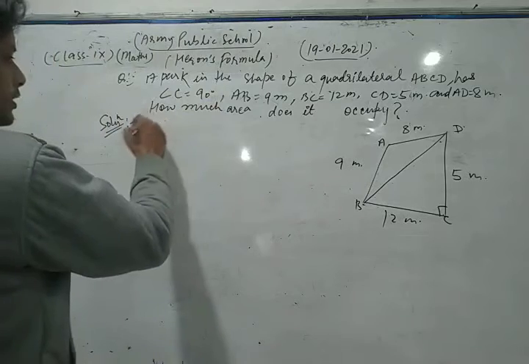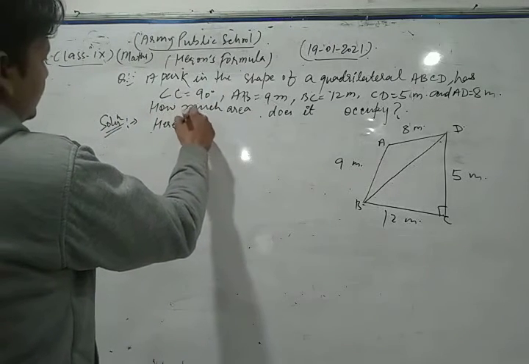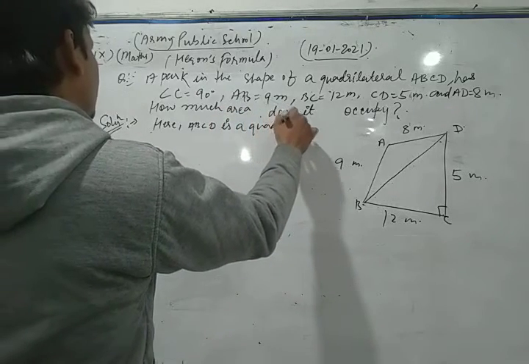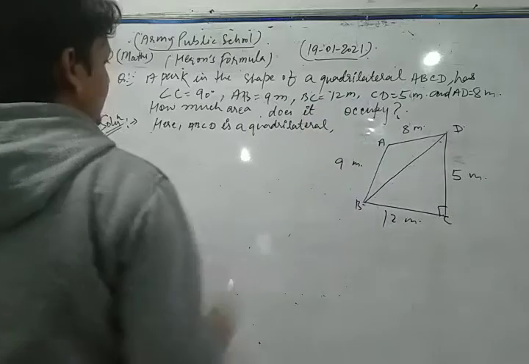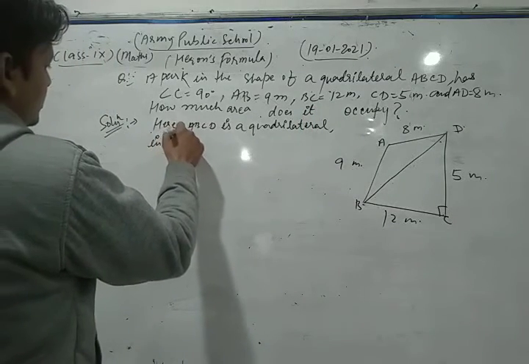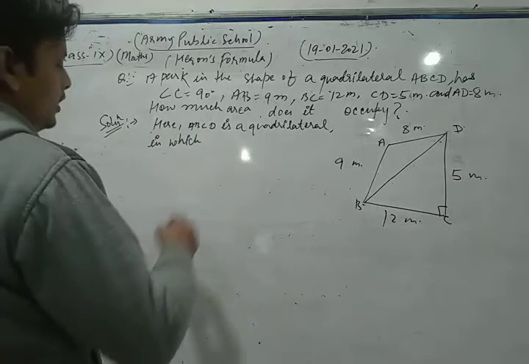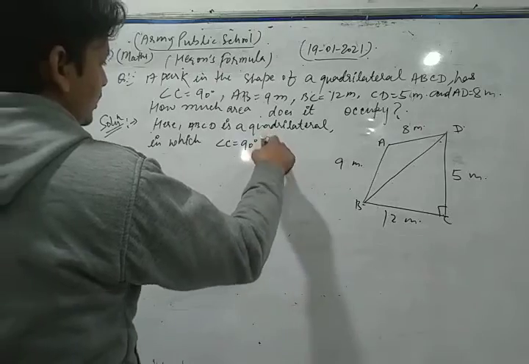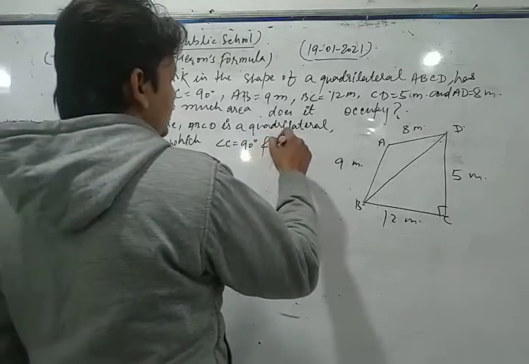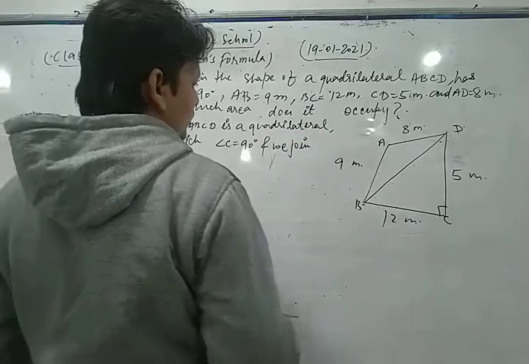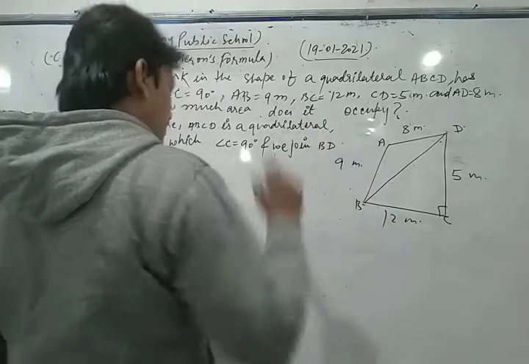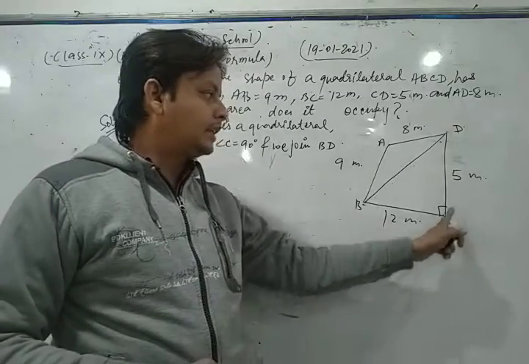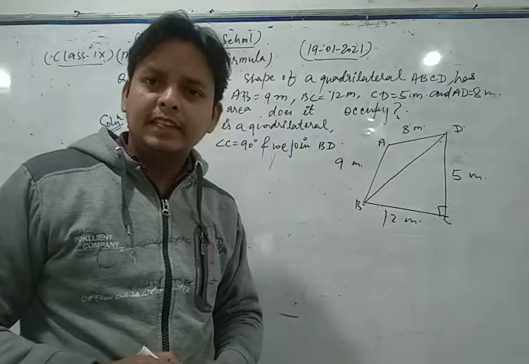So, ABCD is a quadrilateral in which angle C is equal to 90, and we join BD. Triangle BCD is a right angle triangle.